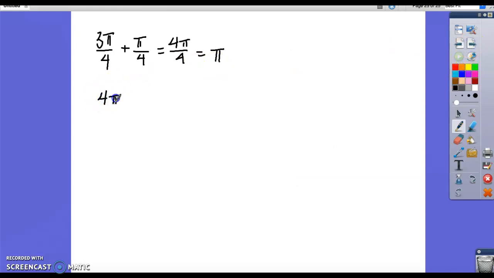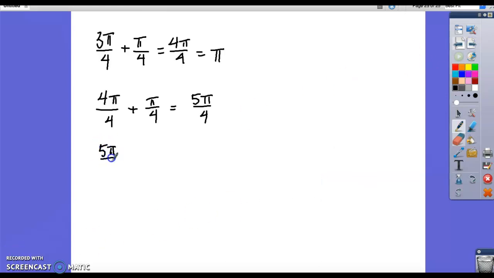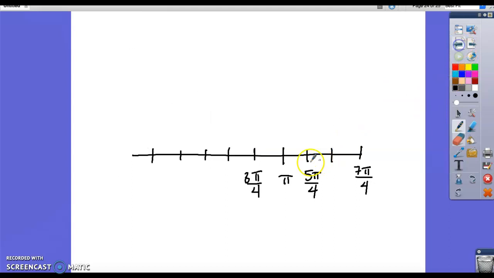Now I add pi over 4 to pi, and pi is the same thing as 4 pi over 4. Now I have 5 pi over 4. Now I add 5 pi over 4 plus pi over 4. That's 6 pi over 4, which is 3 pi over 2.